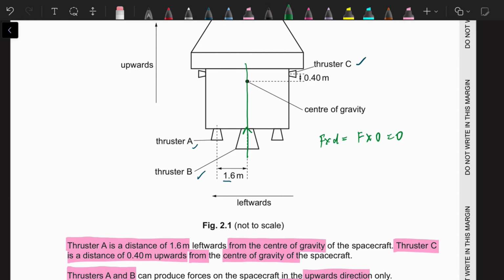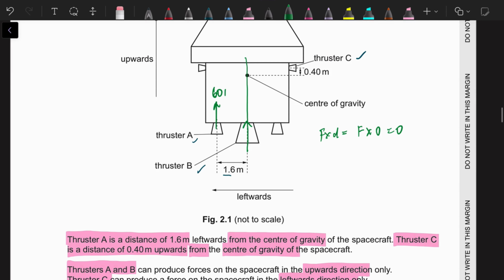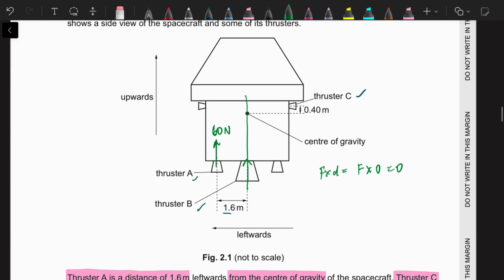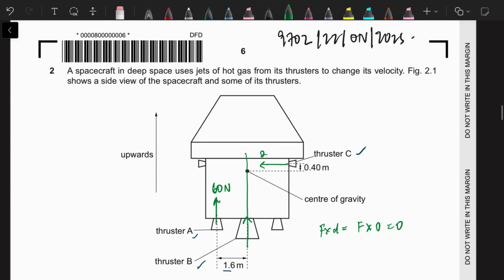Okay, now we know that thruster A has a force upwards, which is 60 Newton, and C has a force of 220 Newton leftwards.